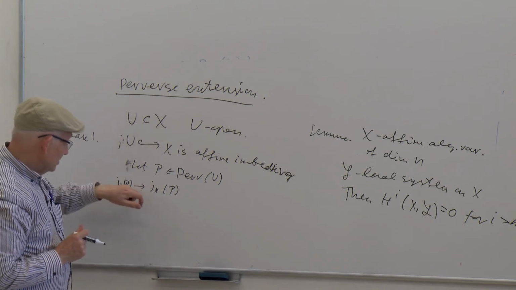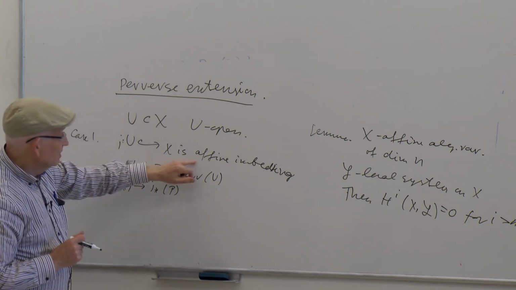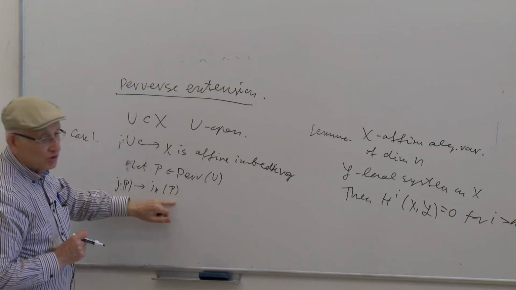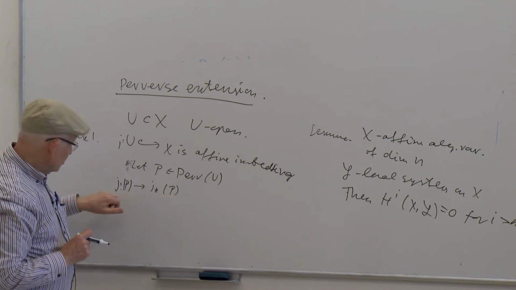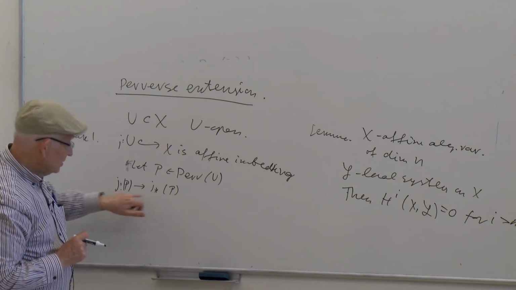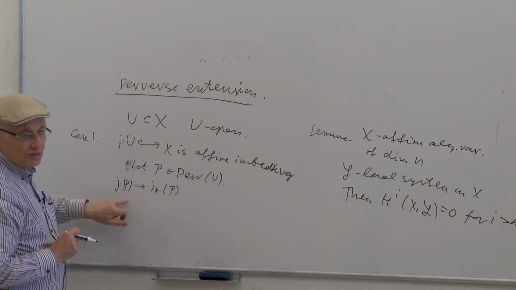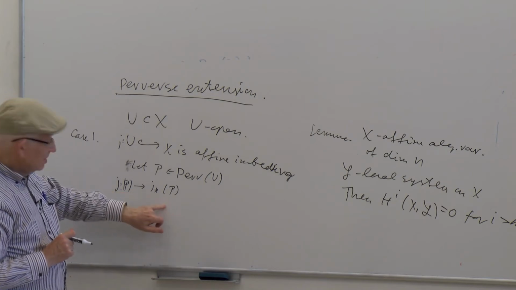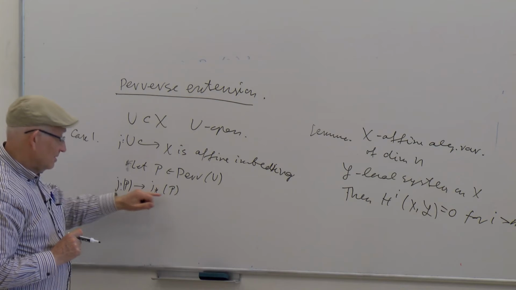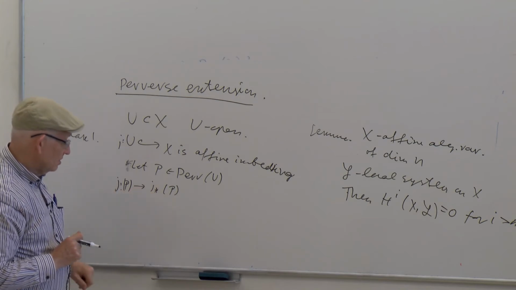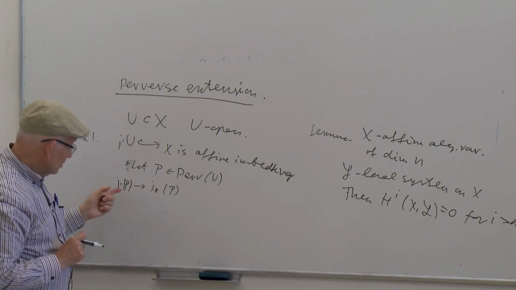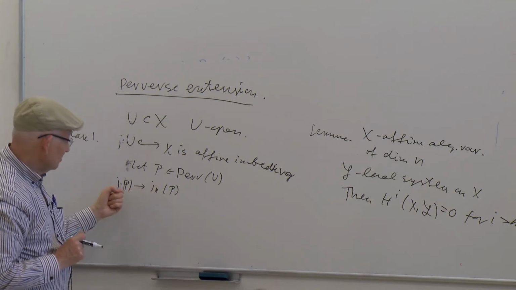Now, since U is an affine embedding, these are perverse sheaves. Both these sheaves, when you restrict them to U, will be just P, and this morphism will be the identity. But themselves, they are not P. So now you can produce several things from this.